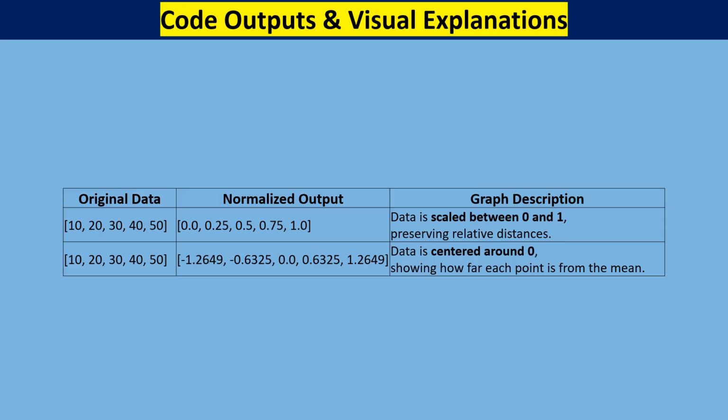Min-max normalization. Here we have used min-max scaling for a simple dataset. Original values are 10, 20, 30, 40, 50. The output transforms the smallest value, 10, to 0 and the largest, 50, to 1. All intermediate values are scaled proportionally between these two.